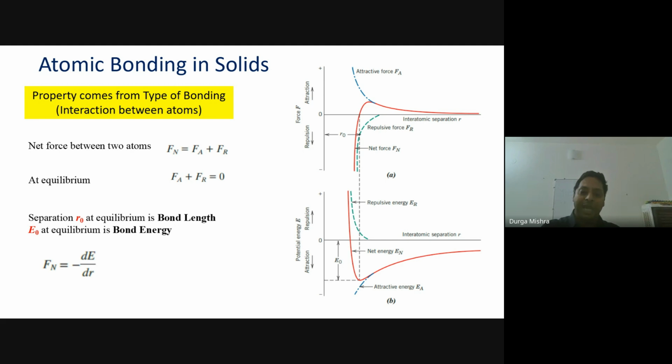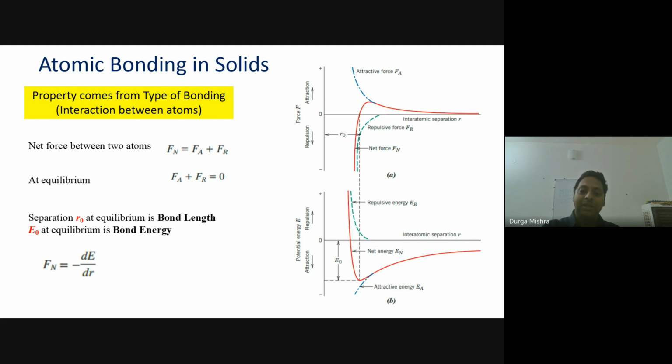Because of the negative sign, the attractive force is in the upper half of your graph, but the attractive energy is at the bottom. That represents your attractive energy, and the repulsive energy is in the top quadrant, the first quadrant.